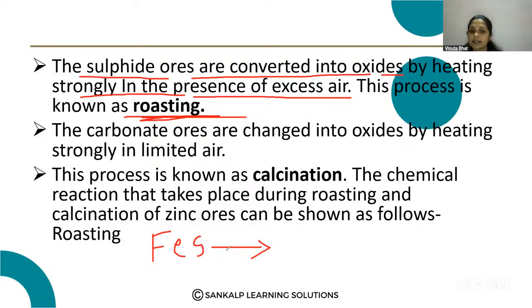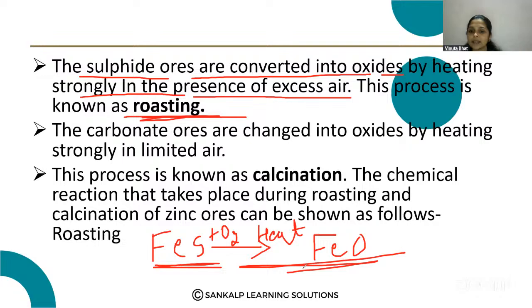It is heated in the presence of excess air, oxygen, and the iron sulfide is converted into iron oxide, for example FeO. So this process is called the roasting process.